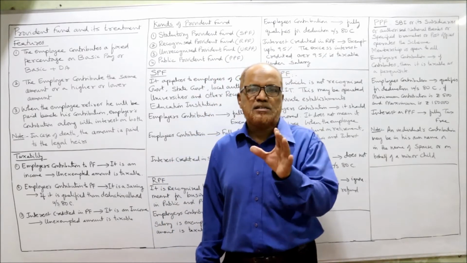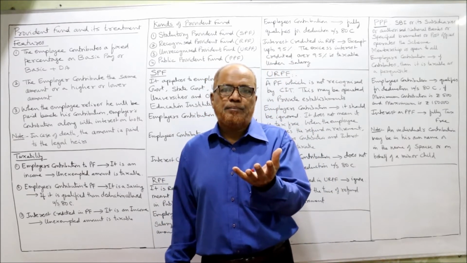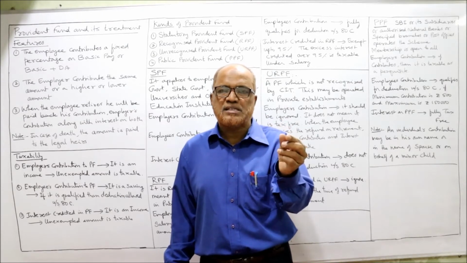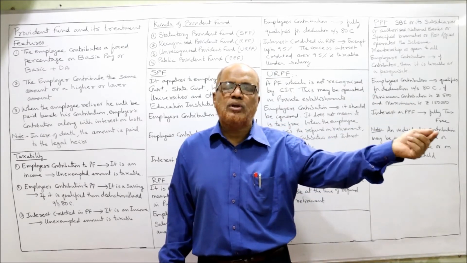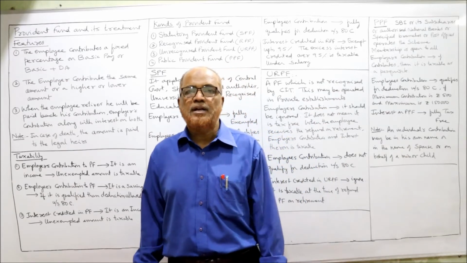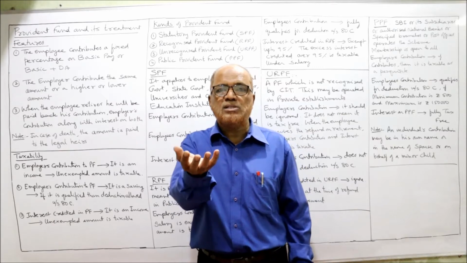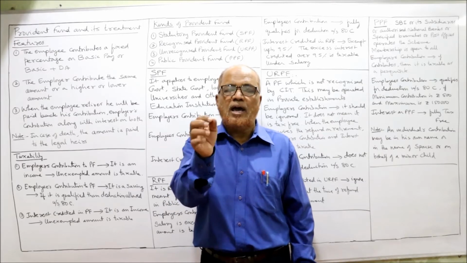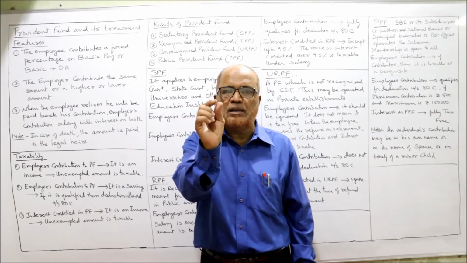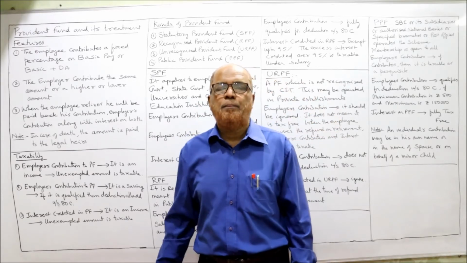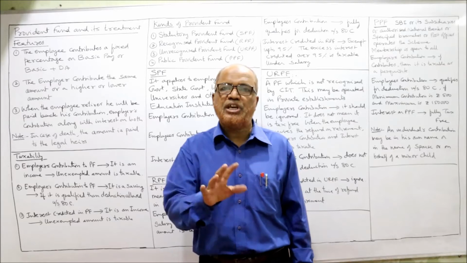From his monthly income, a certain percentage of basic salary or basic plus DA will be contributed to the Provident Fund scheme. It's compulsory. The government made it compulsory that when an employee works in an organization, every month a certain percentage will be deducted from his salary and deposited in the Provident Fund scheme.